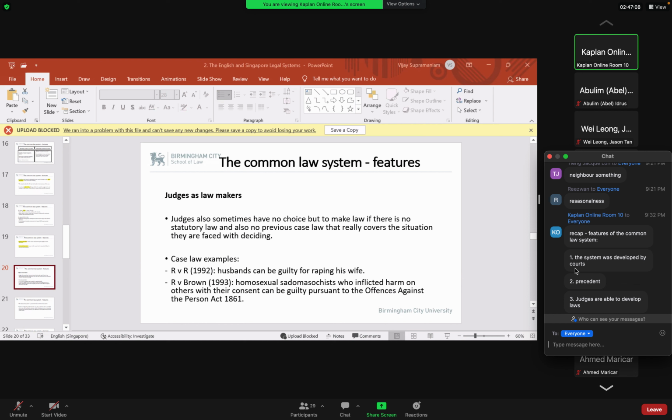We can't blame them for creating laws; they have to resolve issues. So the power to create new laws and establish new precedent continued to exist for a very long time, and in fact it exists till today. Many aspects of common law we have today are developed by common law judges.